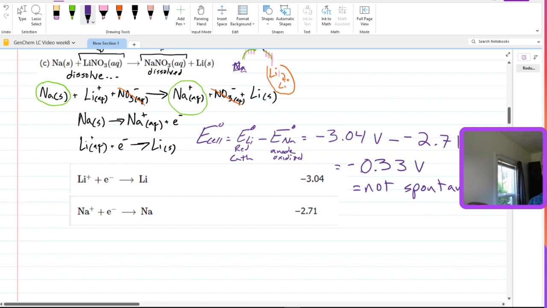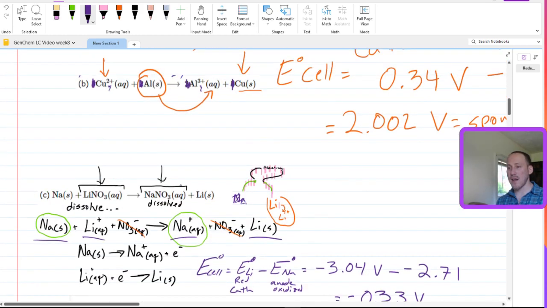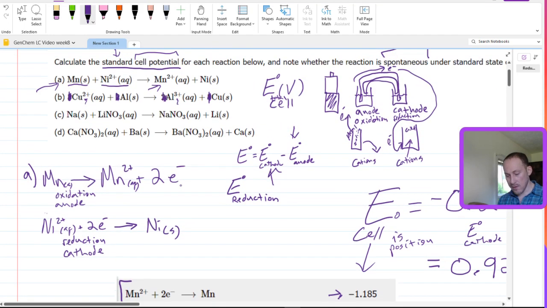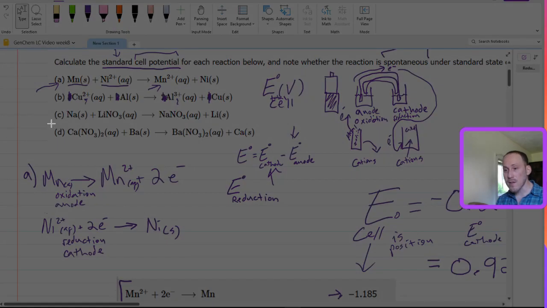I am fine over here sitting on the sodium, because even though the sodium doesn't want the electrons, the lithium wants them even less. So the way that this equation is written, with this being a reactant and this being a reactant, and that being a product and that being a product, the way it's written, it's not spontaneous. It's not going to happen. The electrons are fine. Thank you very much.